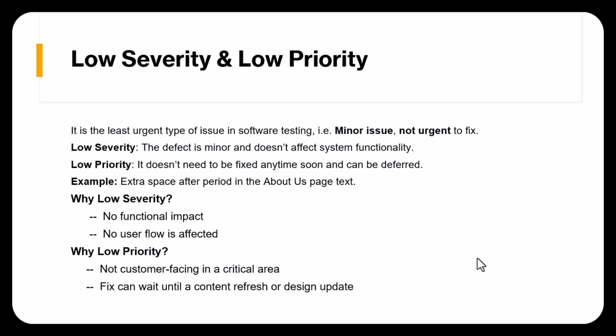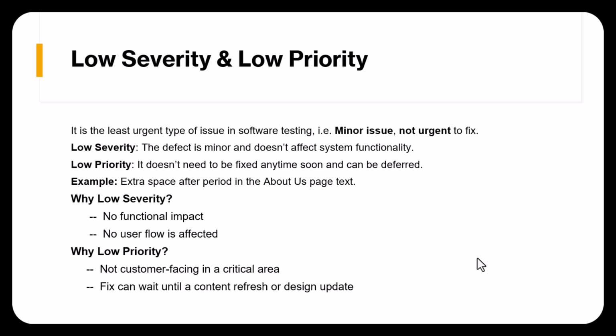Its severity is very low, and the priority is also very low, because not everyone visits the About Us page at any time. It's a minor issue that does not impact the functionality or usability of the website, and it's purely cosmetic. As it is minor, it does not need to be fixed urgently. So both its severity and priority are low.